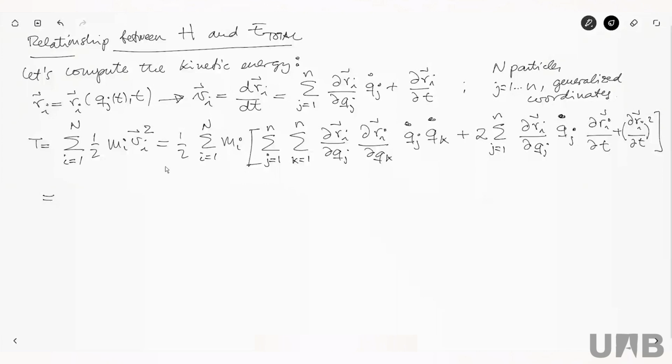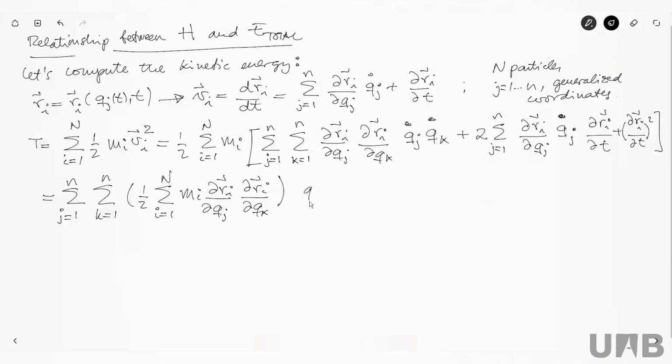I multiply the 1/2 and I write this as the sum from j equals 1 up to little n, sum from k equals 1 up to little n, of 1/2 of the sum from i equals 1 up to capital N of m_i, derivative of r_i with respect to q_j, derivative of r_i with respect to q_k, whole thing times q dot j, q dot k.